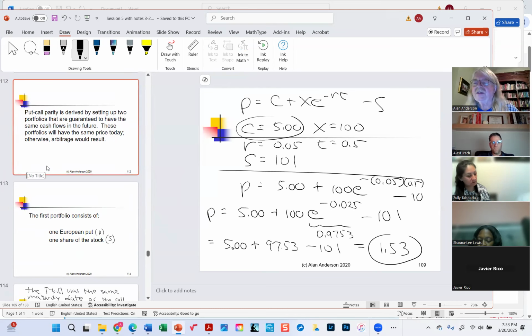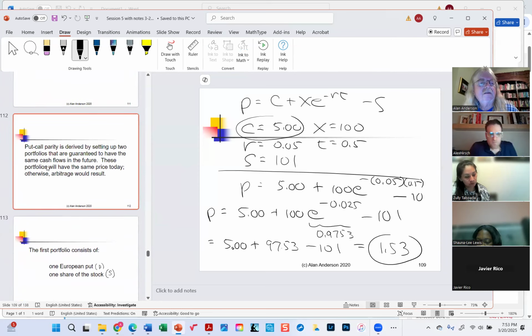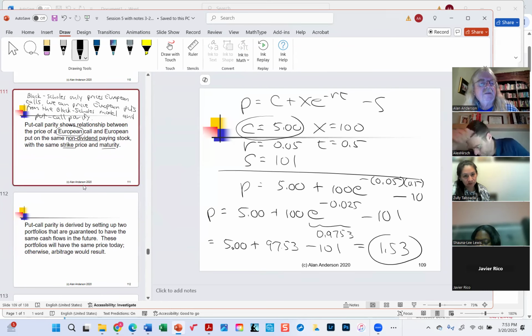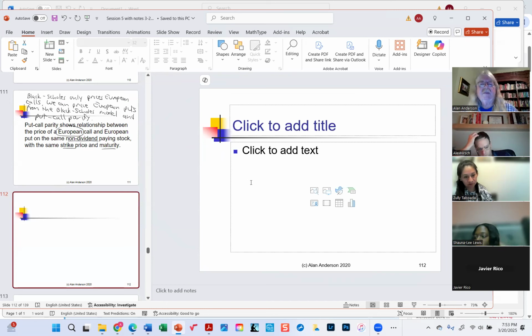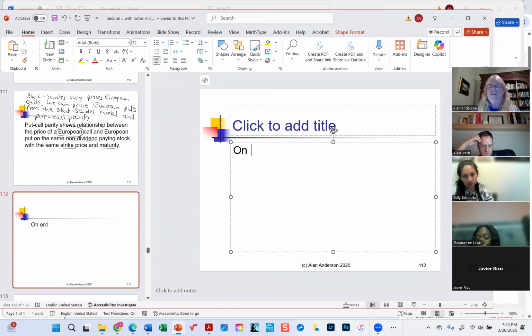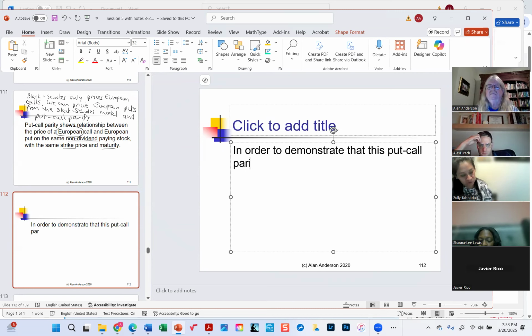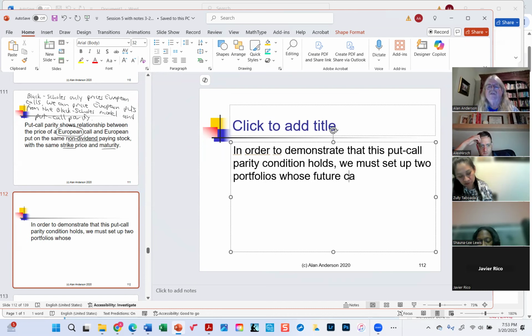Now our strategy will be to do this. In order to show this, we must set up 2 portfolios whose future cash flows will be identical no matter what happens to the stock price.